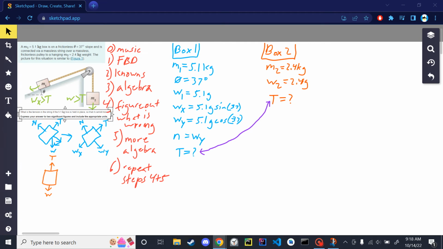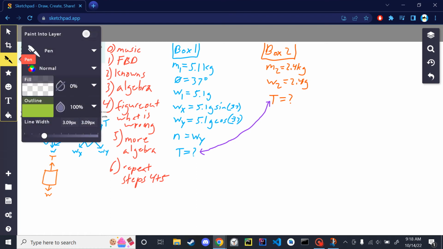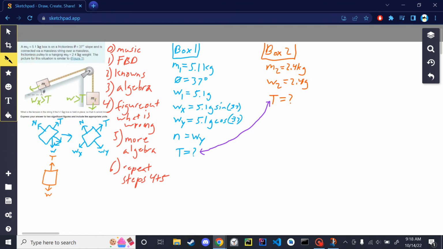Oh, wait a minute. Wait a minute. Okay, so if I'm assuming, I'm basing off of this. The acceleration down is that way, but this one's going to have negative acceleration.